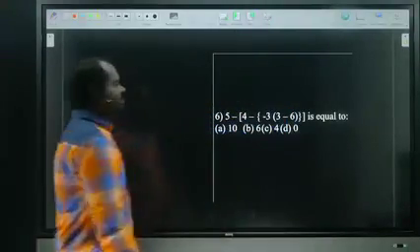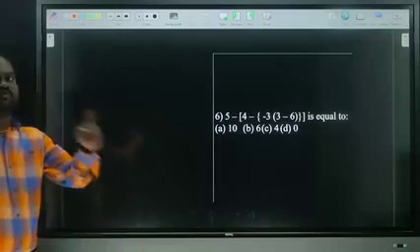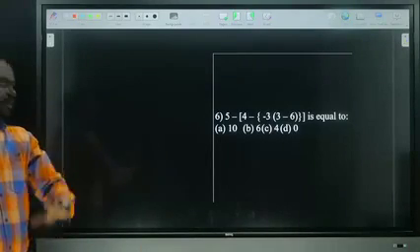Now try this one. It's very simple. Try that. First preference for which bracket? Open. Try that. Simple one.